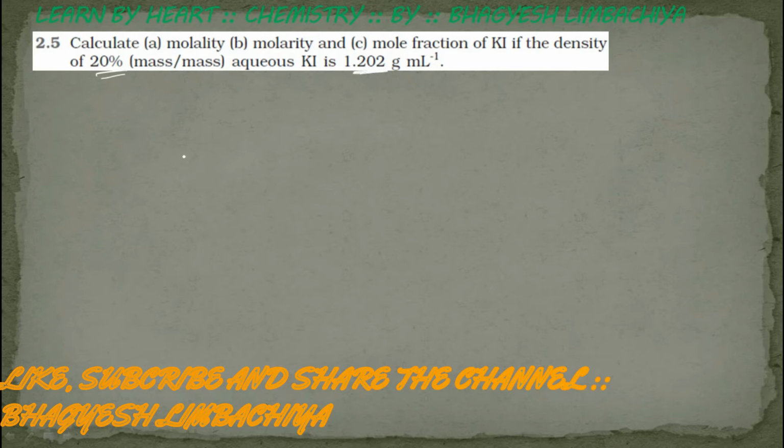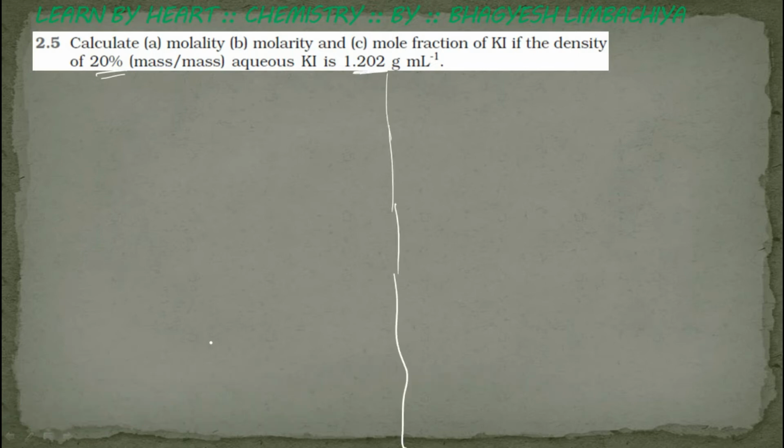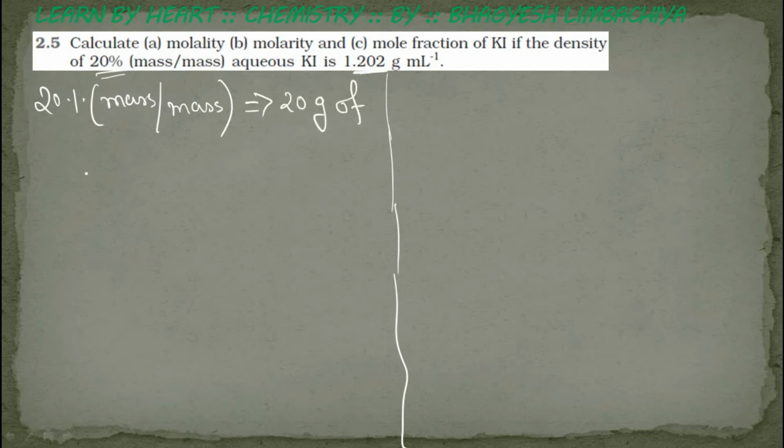Now, first of all, we have to write the meaning. 20% mass upon mass. That means 20 gram of KI is dissolved in 80 gram of water. Actually, percentage is calculated based on 100, and the mass of solution is 100.